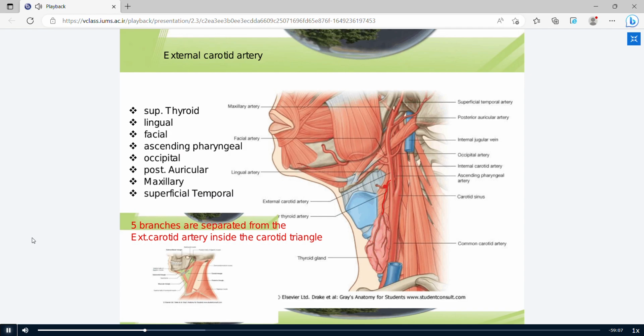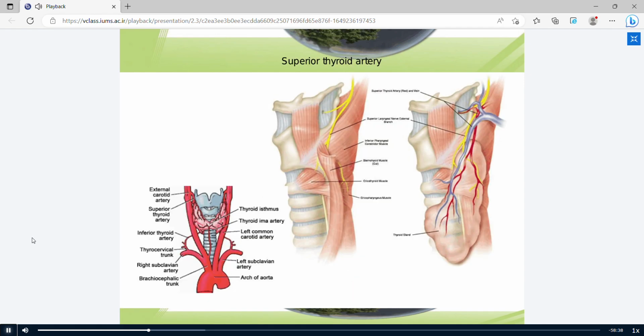The superior thyroid artery has a smaller branch, the superior laryngeal artery. This one. The superior laryngeal artery passes through the thyrohyoid membrane, this membrane, and enters the internal surface of the larynx and supplies the superior part of the larynx.